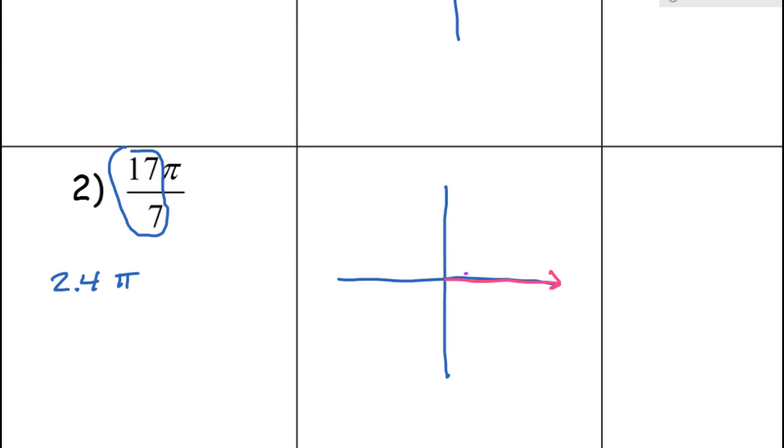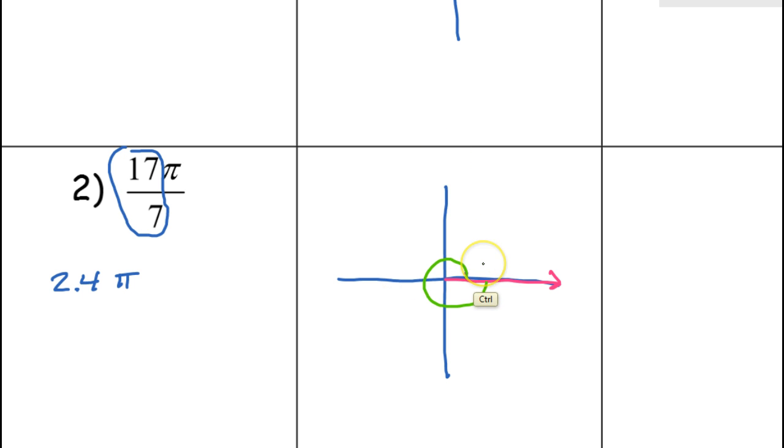Okay, so as always, our initial side has to be the positive x-axis. This time we're going in the positive direction, so we're going to be rotating counterclockwise. And our angle is more than 2 pi. So that's 2 pi so far. So I'm going to go to 2 pi and I'm going to keep going. Now, half of the circle would be pi. So a quarter of the circle is pi over 2.